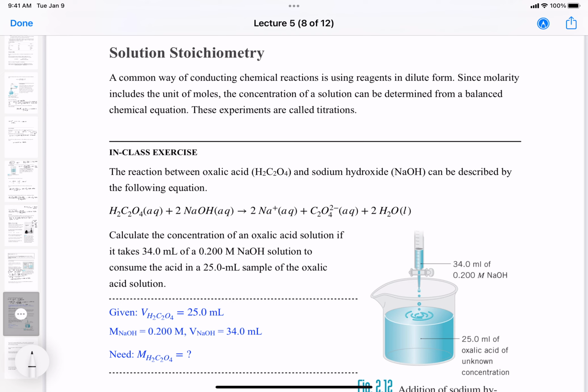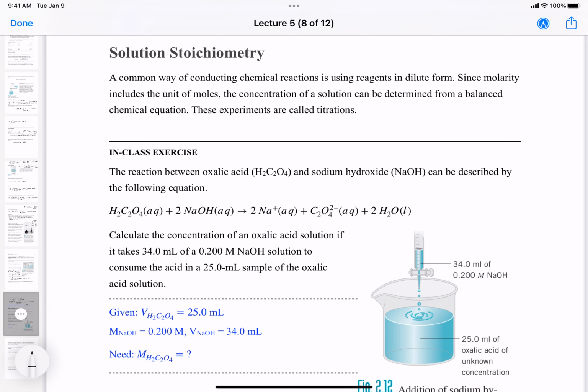We can determine the amount of something that's consumed or formed based on the molarity of a solution. With molarity, we can find how many moles were used in the reaction, and figure out how much of a particular chemical was present in a sample. That's one of the key advantages of titrations. They're very accurate in determining the amount of substance in, say, a commercial sample.